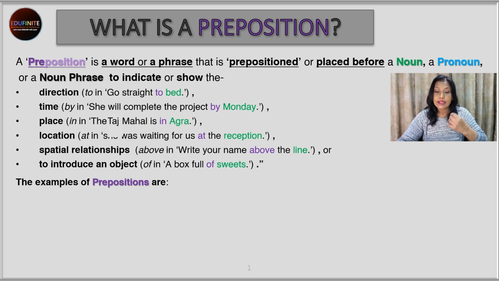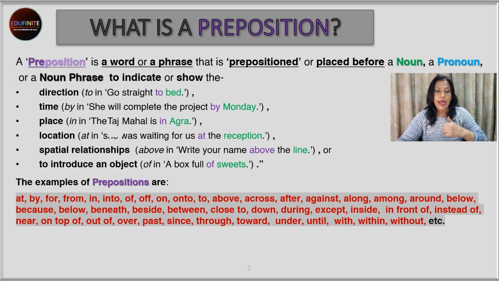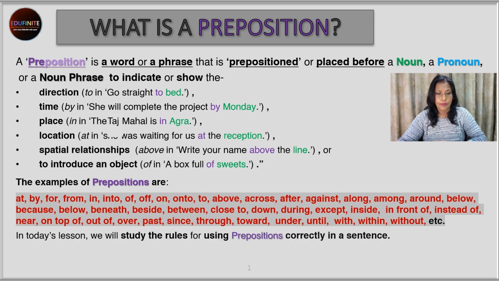Well, the examples of prepositions are at, by, for, from, in, into, of, on, onto, and so on. So these are a list of certain prepositions which we very frequently use.